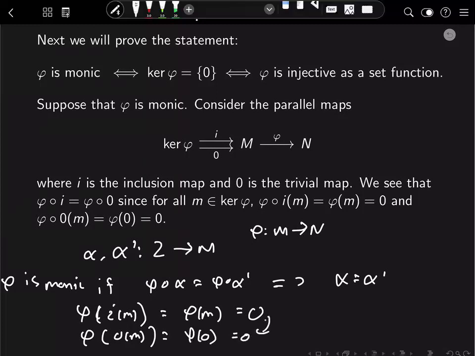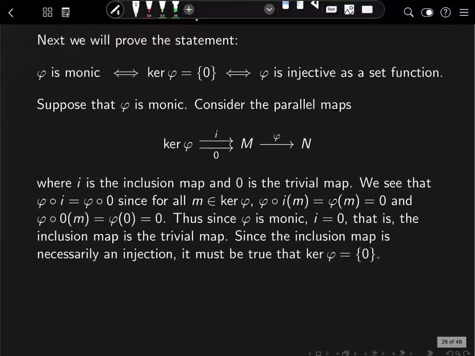So these do agree for all M in the kernel of phi. That's good. So we have these maps are equal, and since phi is monic, that implies that I is equal to 0 by the monomorphism condition.